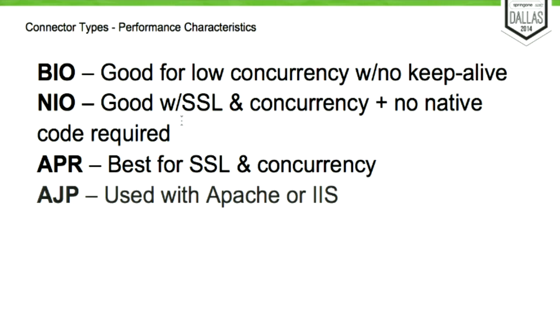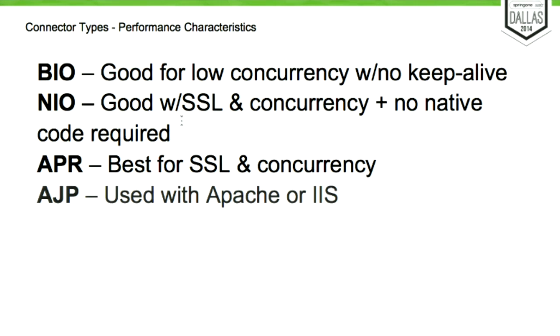This is just what I was mentioning before, but as a summary. BIO is good for low concurrency, and when you have a very small number of keep alive connections or none at all. If you start doing a lot of keep alive, that's when you're going to have a better time with the NIO connector or the APR connector. If you're doing SSL with your Tomcat instance, you're probably going to want to look at the APR.